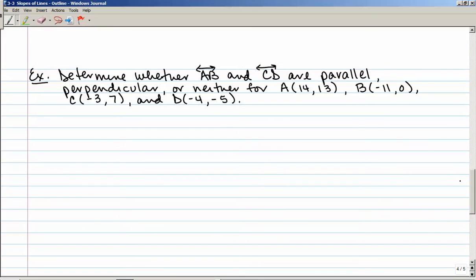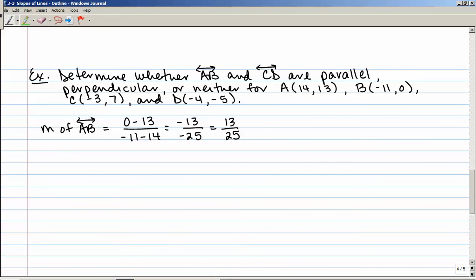And here's an example. Determine whether lines AB and CD are parallel, perpendicular, or neither for the following coordinates of points A, B, C, and D. So the first thing we need to do is find the slope of each line. So the slope of line AB is equal to 0 minus 13 over negative 11 minus 14, or negative 13 over negative 25, or 13 over 25.